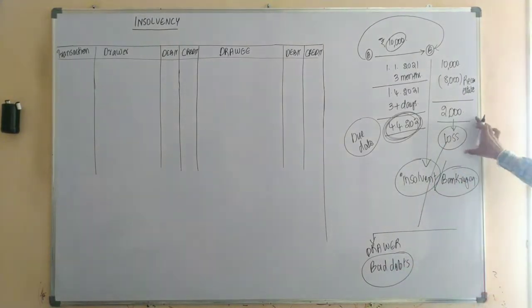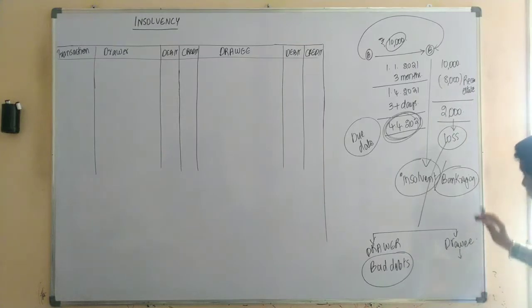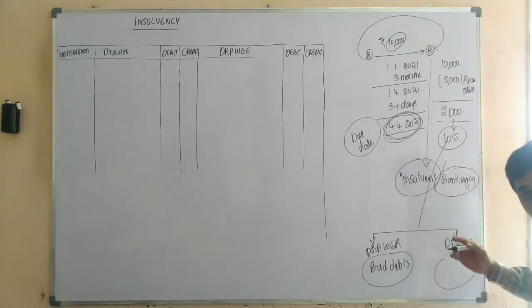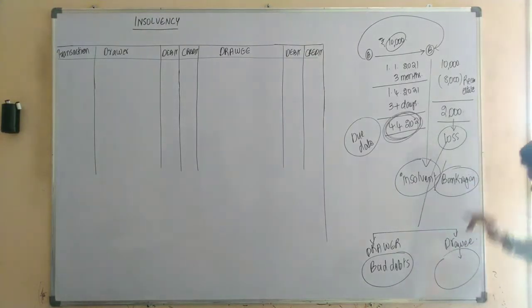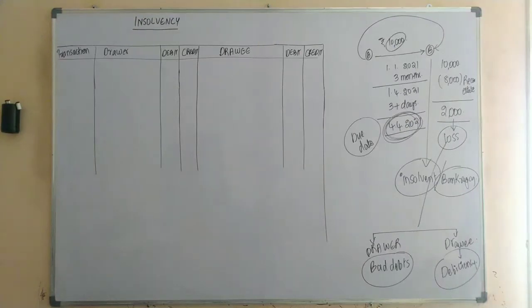The same 2,000 rupees from the point of view of a drawee is nothing but income. Yes or no? It couldn't be called income, but these 2,000 would be transferred to a separate account called deficiency account. In that case, Mr. B's account would be closed.